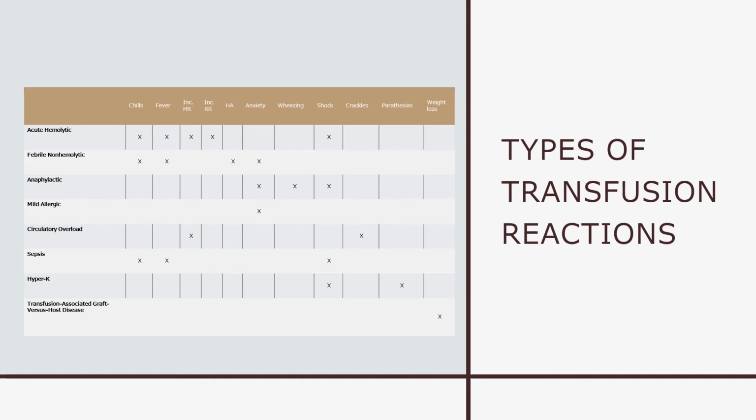So acute hemolytic, hemolysis, meaning the cells are being broken down, they're being lysed apart, and so you're going to have all of these symptoms, and especially the shock and your symptoms there with your vital signs, because the body is breaking down all of the cells.